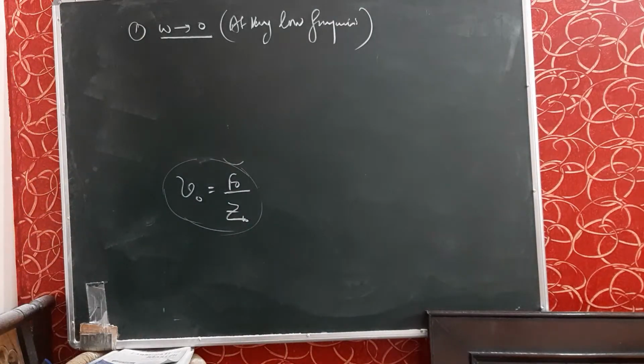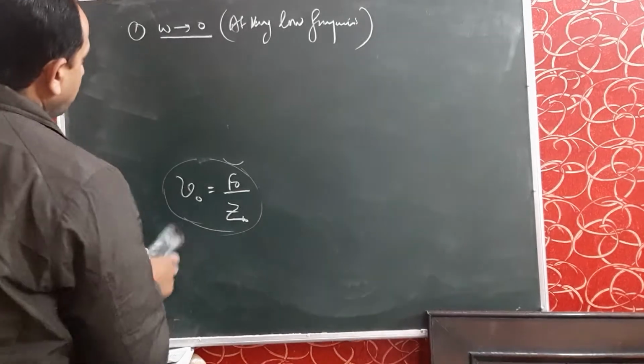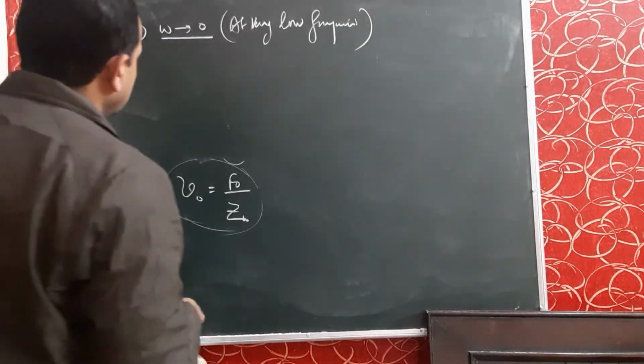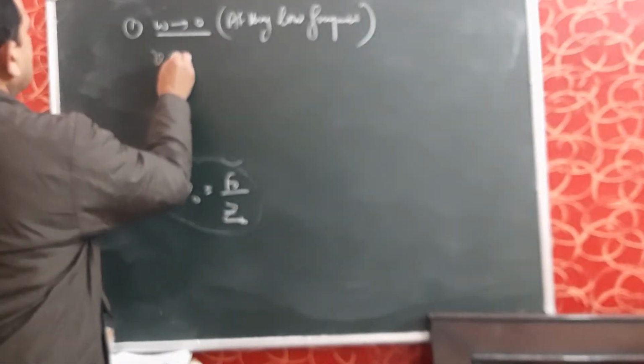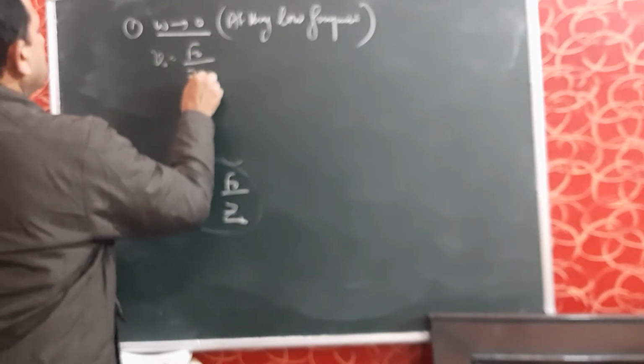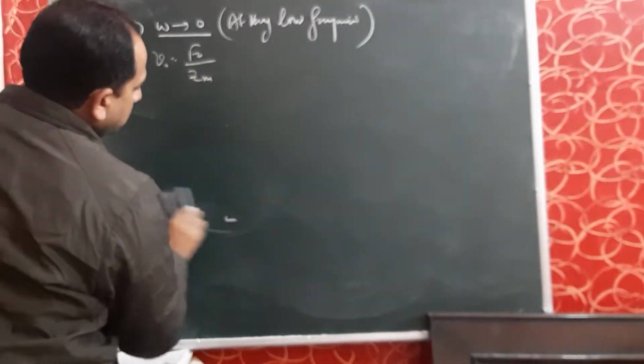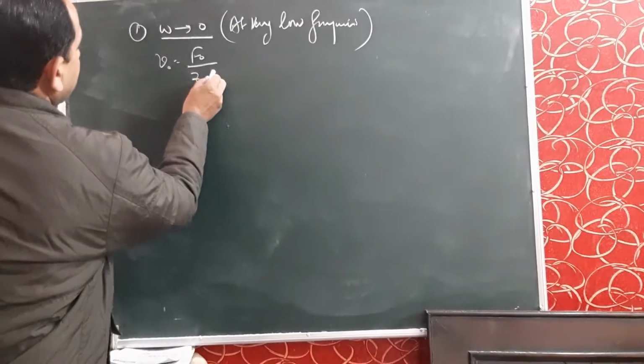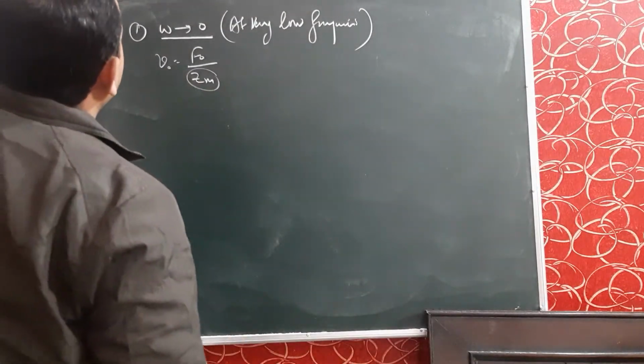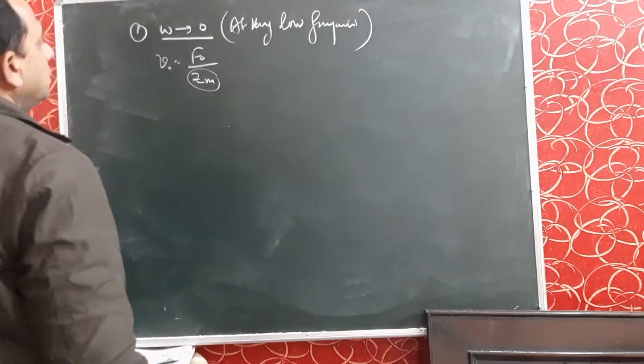So, when omega tends to 0, we will put omega as 0 and find the value of V naught. Here V naught is F naught upon Zm. Omega is not directly shown in the equation, but indirectly it is there inside the value of Zm.